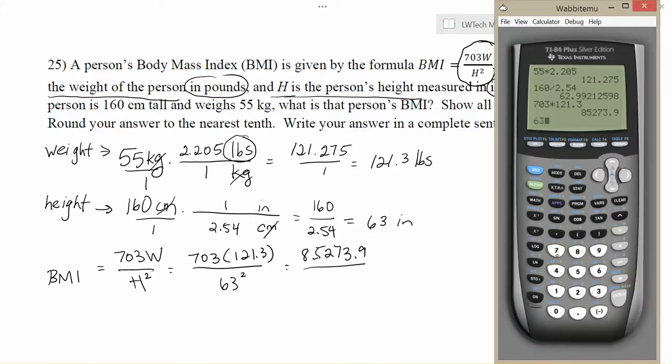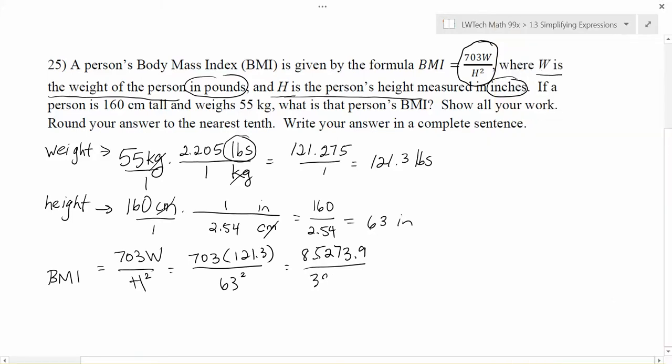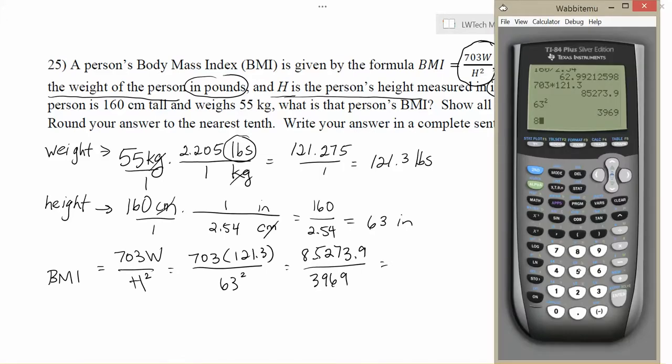We need to do 63 squared, and that's 3969. Then we can divide those values to come up with our final solution. So 85,273.9 divided by 3969, and we come up with 21.4849 and so on.